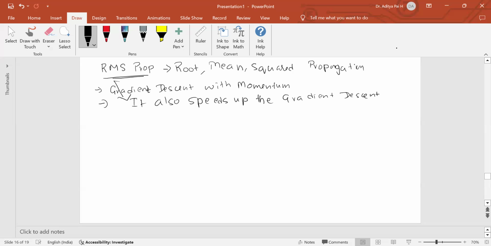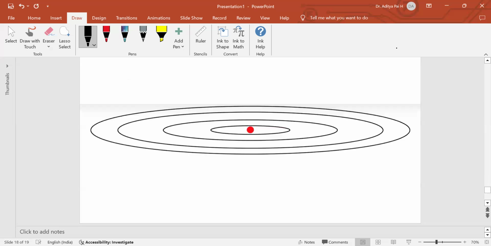Okay, so consider the diagram over here. In the previous example we had seen the contour, which will ultimately have to reach the minimum. We had seen that there is a huge oscillation when it takes the vertical path, while it tries to go to the minimum.